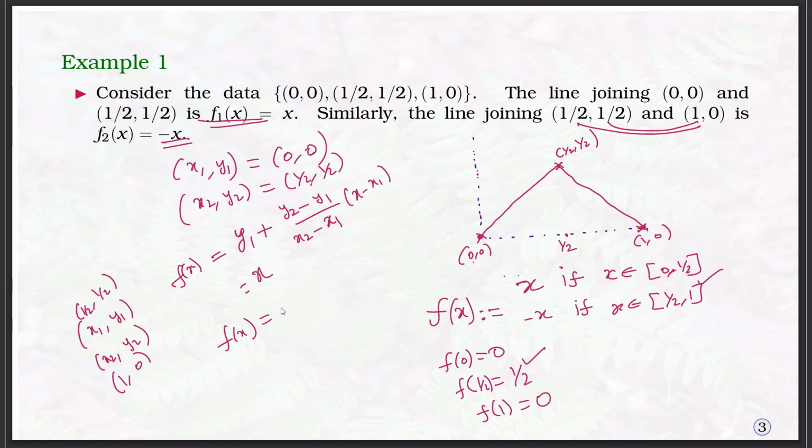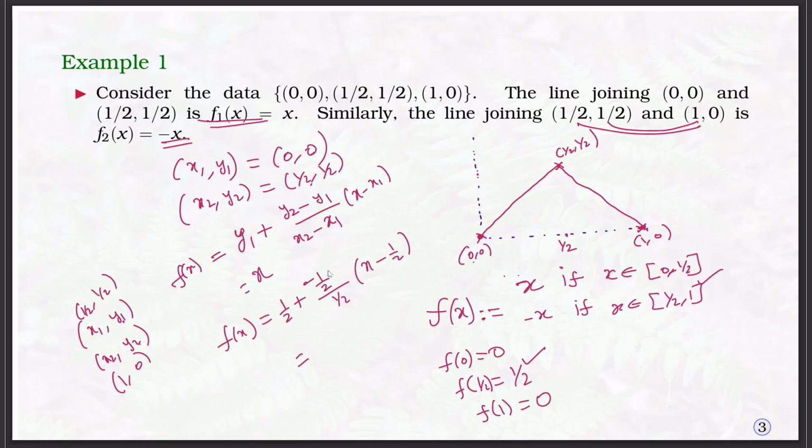So, y 1 is 1 by 2 plus y 2 minus y 1 is 0 minus half over x 2 minus x 1, 1 minus half is half, times x minus x 1.